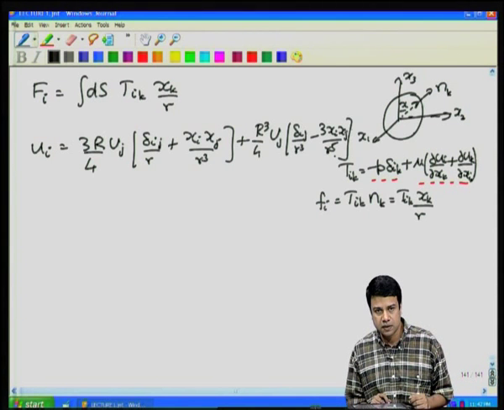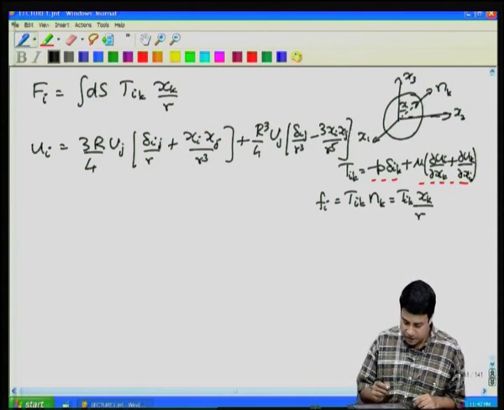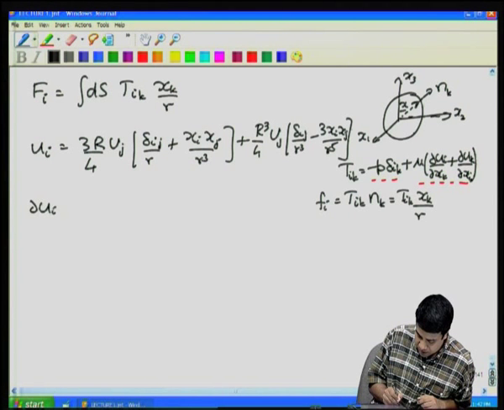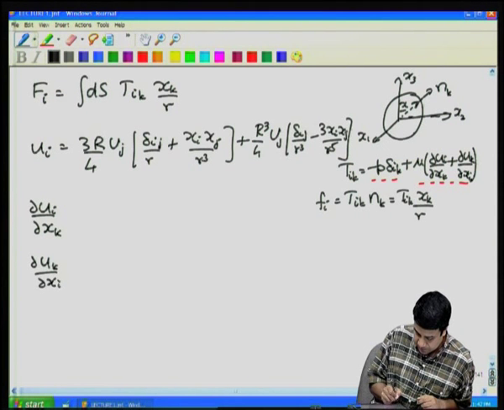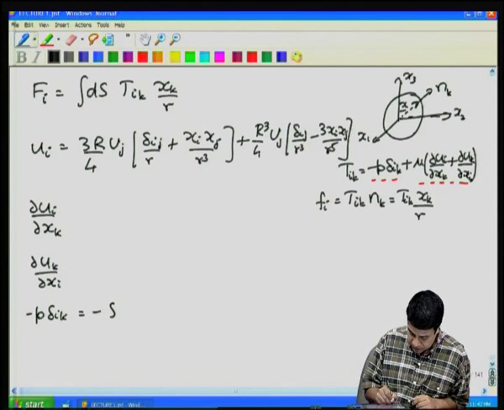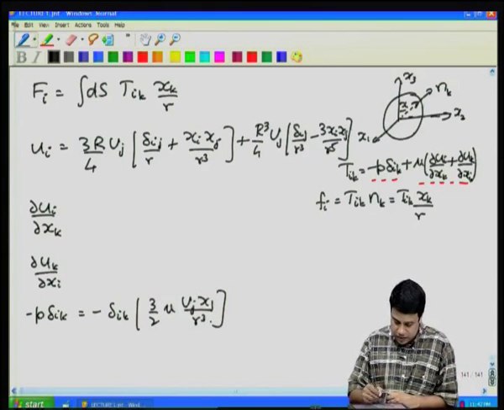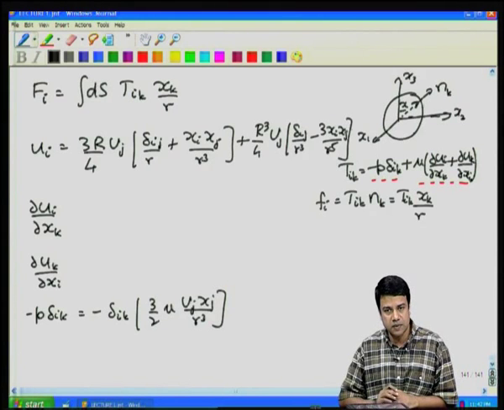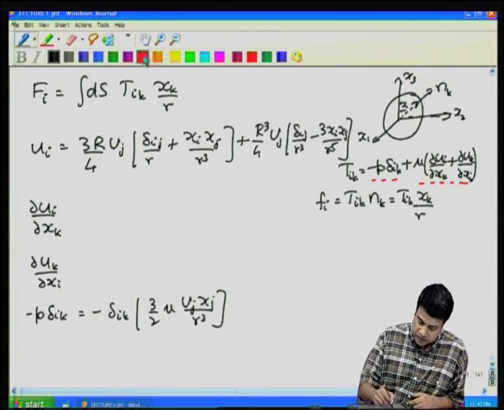So, now I have to evaluate partial u I by partial x k and partial u k by partial x I, and minus p delta I k. Minus p delta I k is of course equal to minus delta I k into 3 by 2 mu u j x j by r cubed. So, that is not a problem, but I have to evaluate the gradients of the velocity fields. So, we will have to take the gradients of this velocity field.